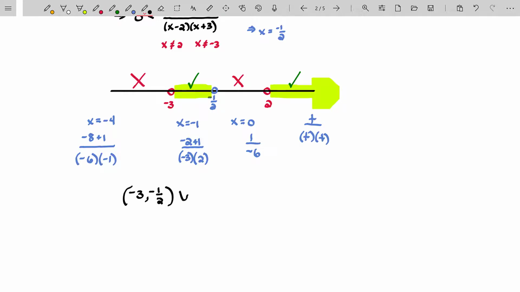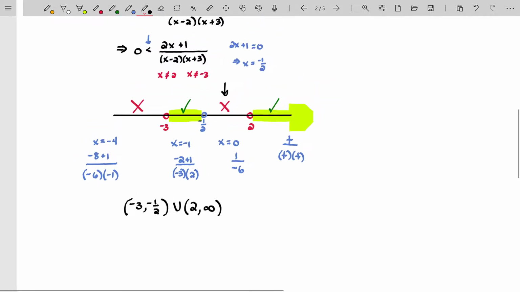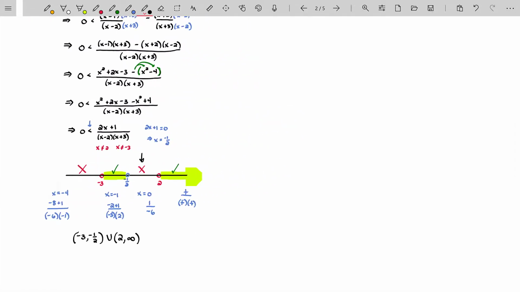We will skip over the middle region, so we union to that, a region starting at 2 and going off to infinity. You cannot include 2, and obviously infinity is a concept, you'll never include it, so there we go. That is the solution set to the original inequality.